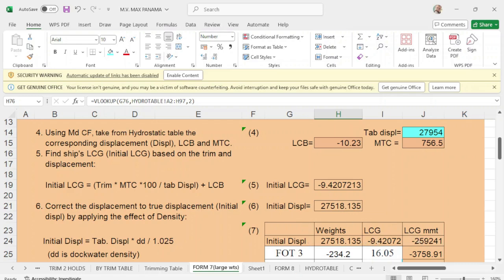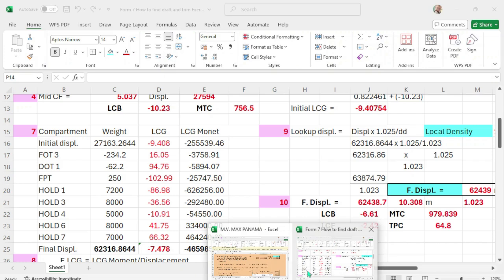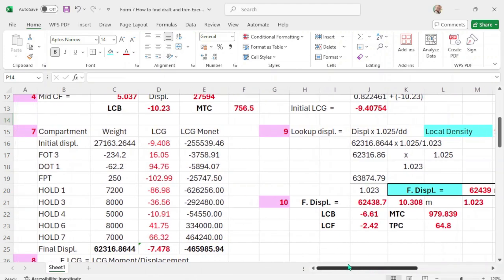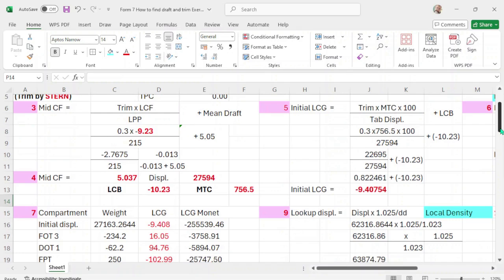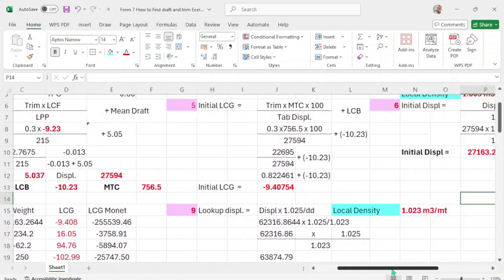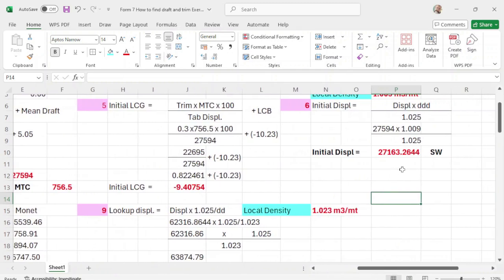Now what I have in my Excel, the initial displacement that I have is 27163.2644, which is this one. Now what will be number 6? I think this one, 27163.26.